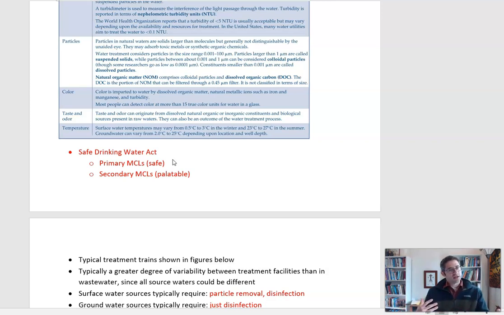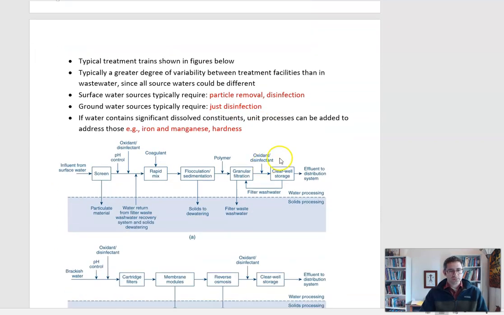But there's also secondary MCLs, which are about making the water supply palatable. And so these typically have to do with taste or odor or aesthetics. So for example, there's a secondary MCL on color. There's a secondary MCL on chloride to protect against taste. So the primary ones are a little bit more important because they have to do with human health. The secondary ones can be more relaxed in certain situations and on a temporary basis. Depends on how the states adopt these criteria.